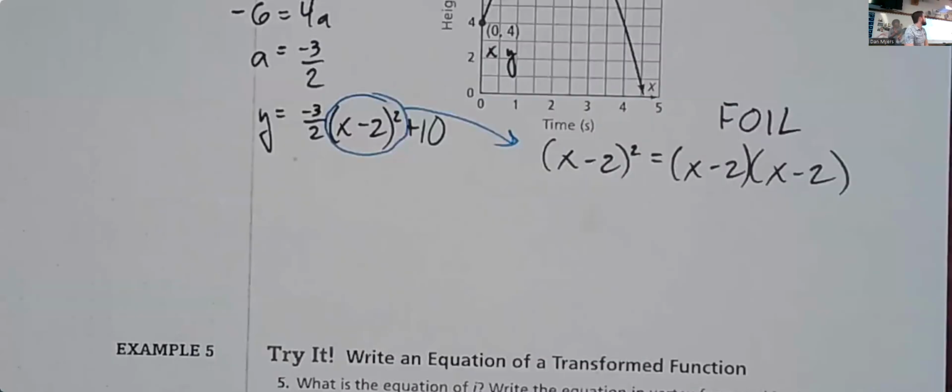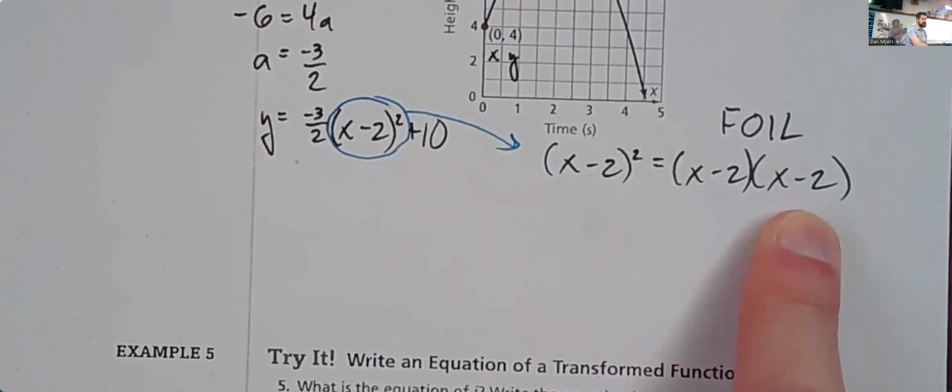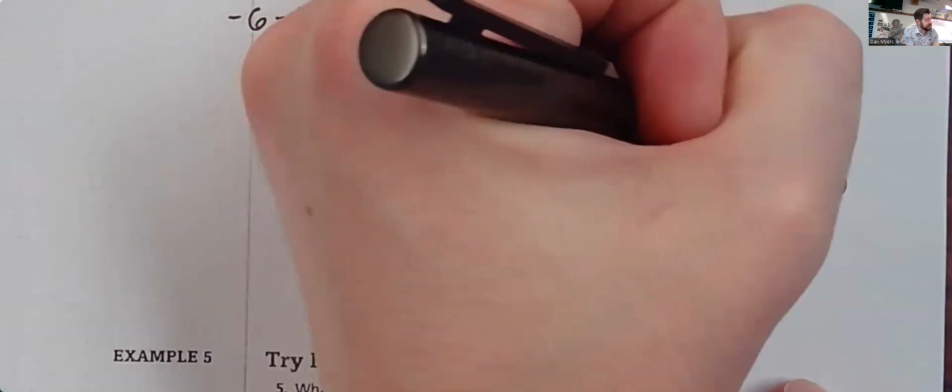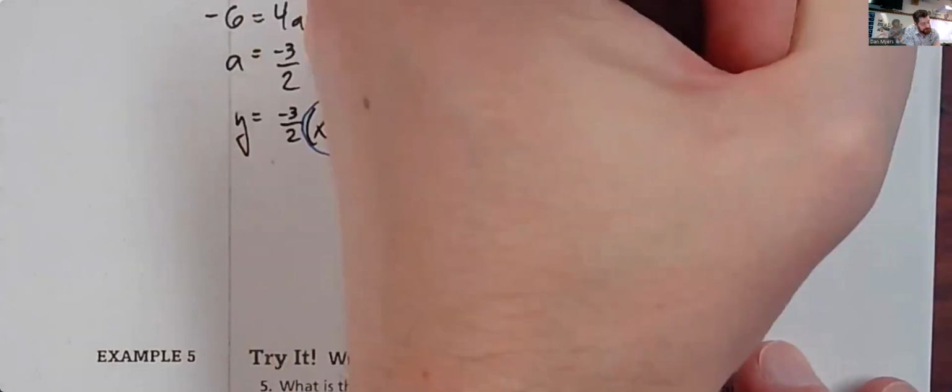So for here, we need to FOIL. FOIL means first, outer, inner, last. That's the order that you multiply your terms in each of these two binomials together. So that'll be x times x, right? First, x times x would be x squared. Outer would be x times -2, so that would be -2x.